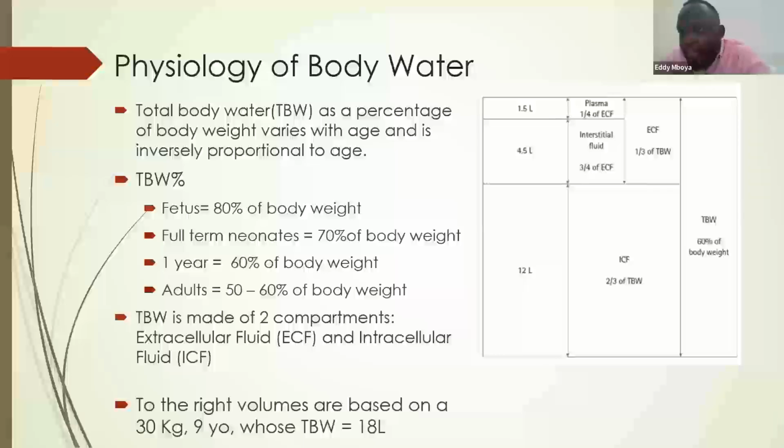While intracellularly, the major cation is potassium, but you have other things like magnesium, phosphates, and proteins, which make up that compartment. So it's good to know that.